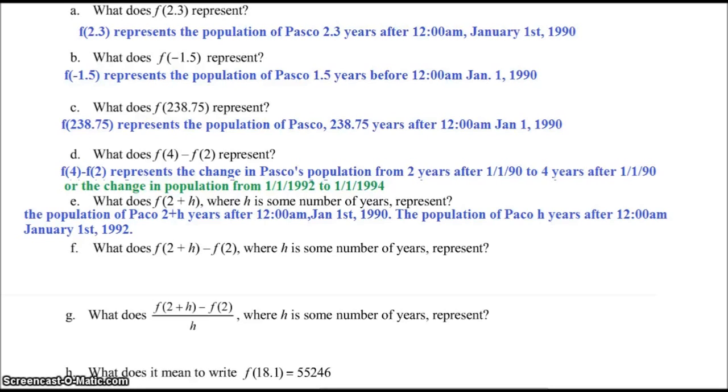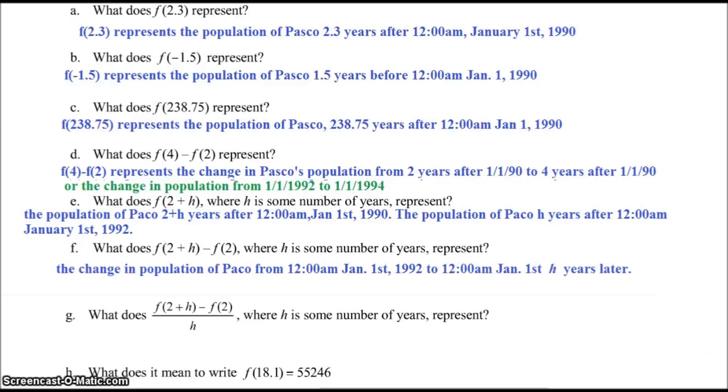We could also say that it's the change in population from January 1st, 1992 to some h years later. Notice that we were dealing mostly with 1990, but when we introduce this idea of f of 2, that can be sort of a new reference point.